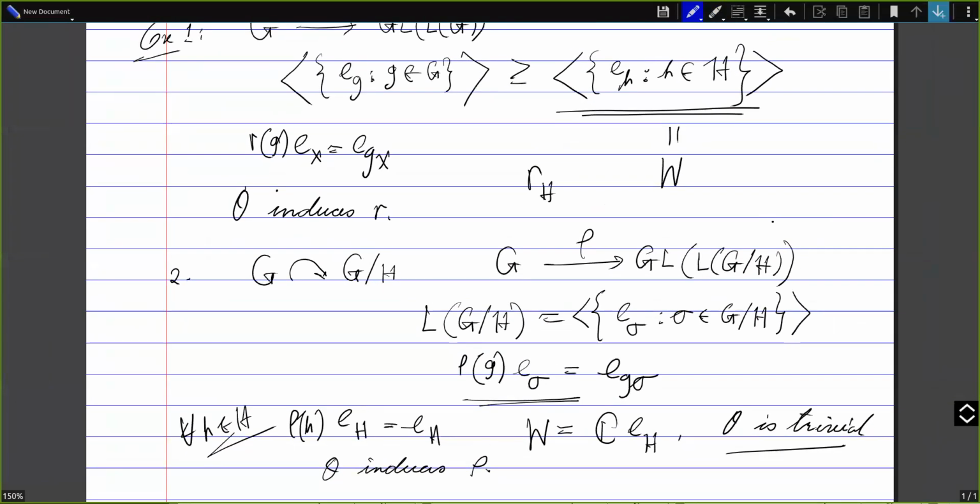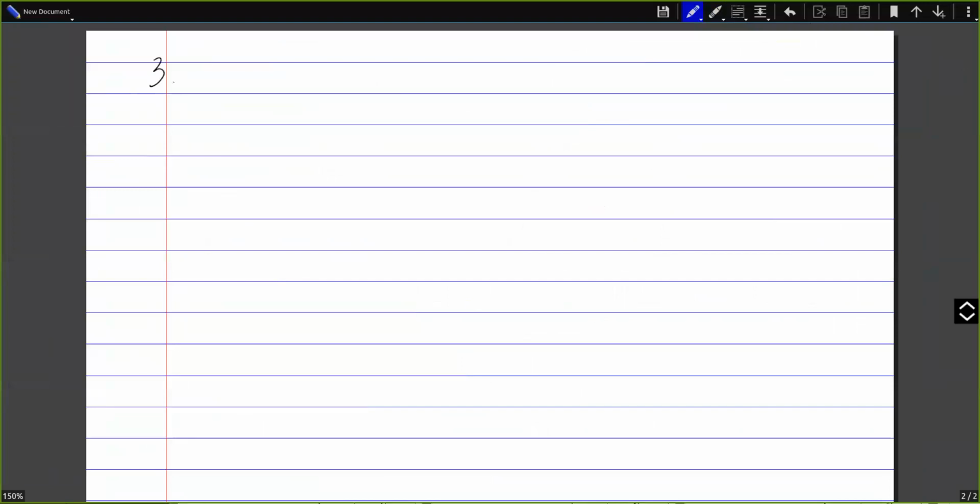All right. So next we shall look at the next example. The third example is D2N. Remember, it is generated by two objects, R and rho: R is rotation, rho is reflection, and they have this relation between them. Okay.